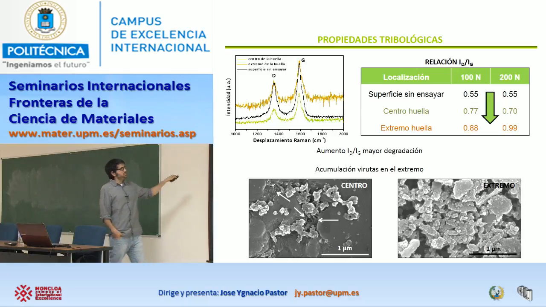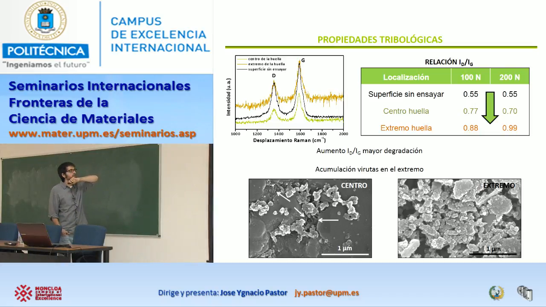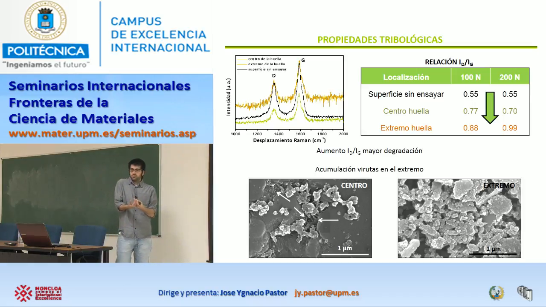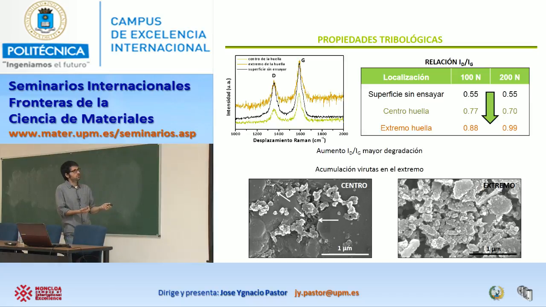Well, again, this D and G peak of the micro Raman spectroscopy. At least here you can see how they look. We use this to analyze what really happened with the nanotubes. Just keep it in mind, because we measure first after the polishing and in the center or at the edge of this wear scar.